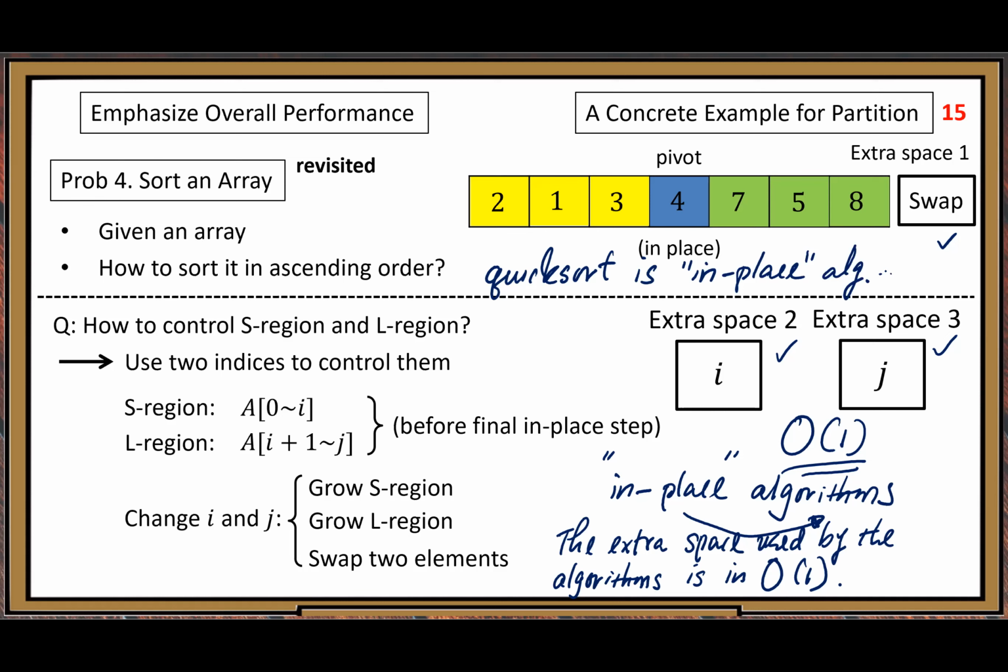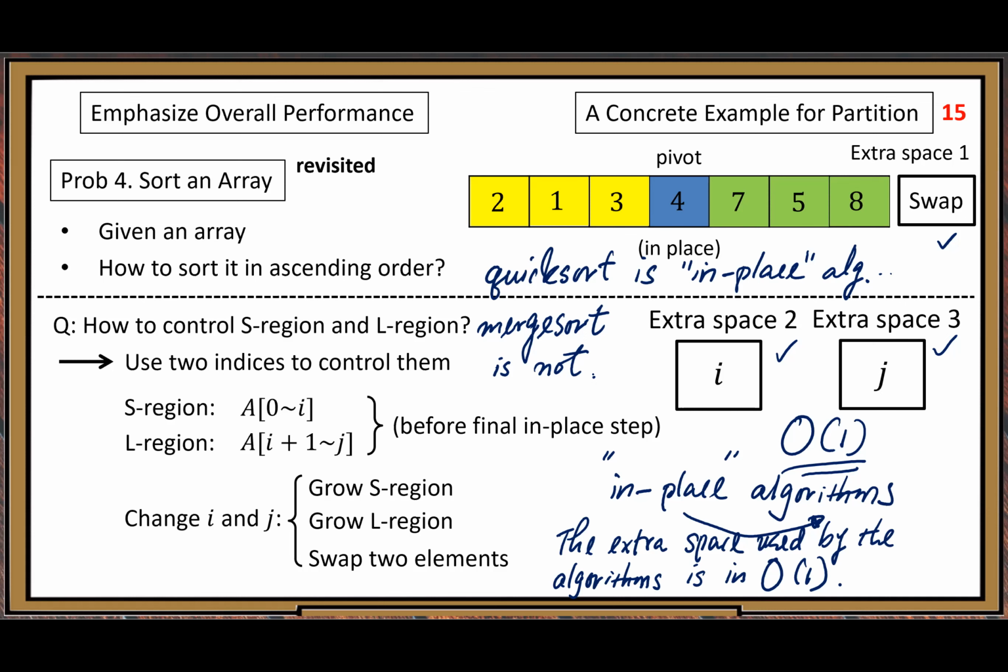Algorithm. All right. Then let's look at the merge sort. Merge sort is not in-place. The reason, if you recall, is that when we merge two arrays, we need to copy data to an auxiliary array.